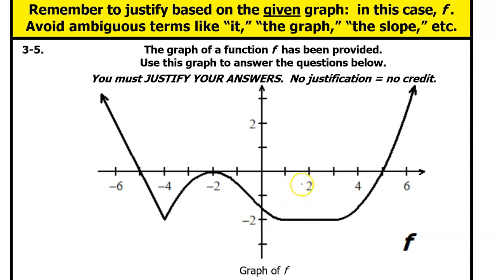Also, if I ask you about a function that is not shown, for example, if I ask you something about f prime, you have to base your answers on function f since that's the only graph that we have. For example, you would say something like, because function f is decreasing at x equals negative 5, f prime is negative.